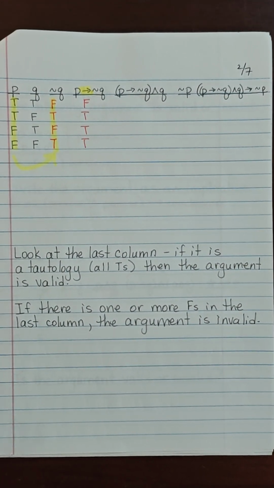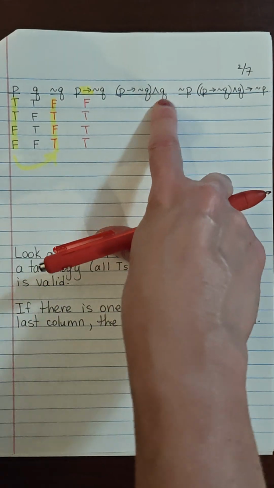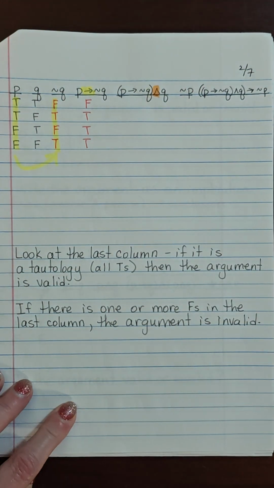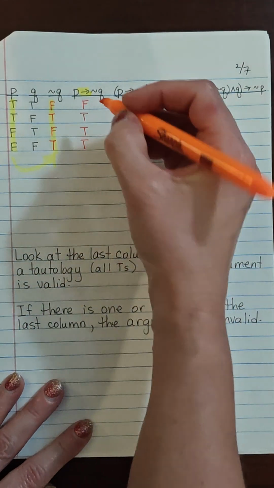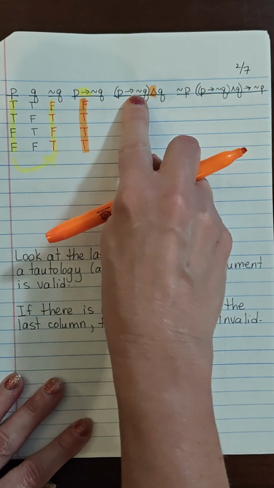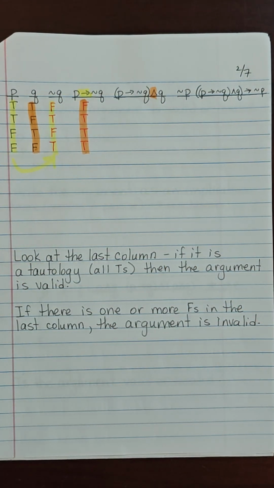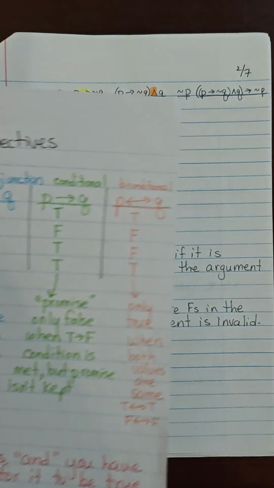This one looks like a lot, but it's not. It is just one operation. It's just the conjunction of this column that I just built and Q. So it's just the and, or the conjunction, of those two columns.